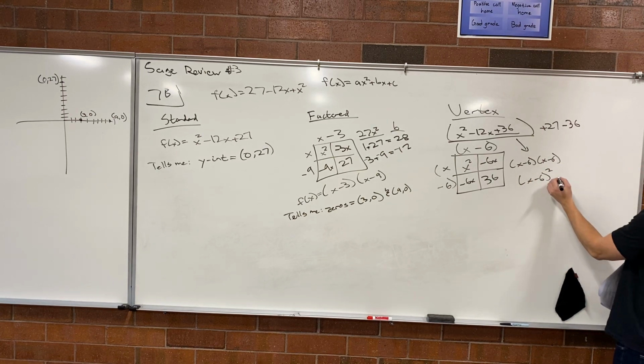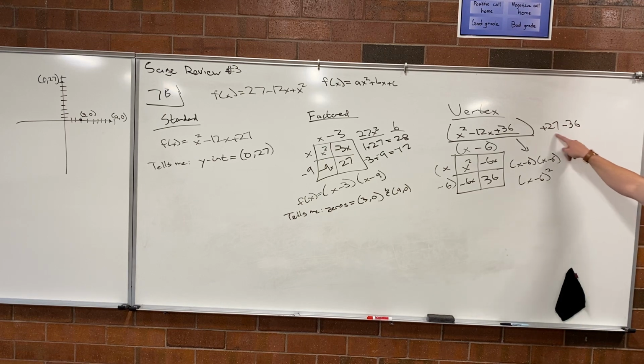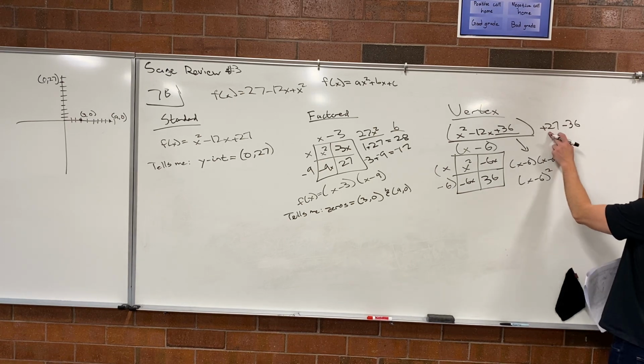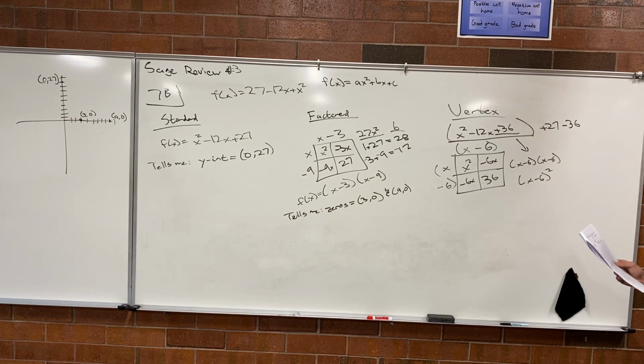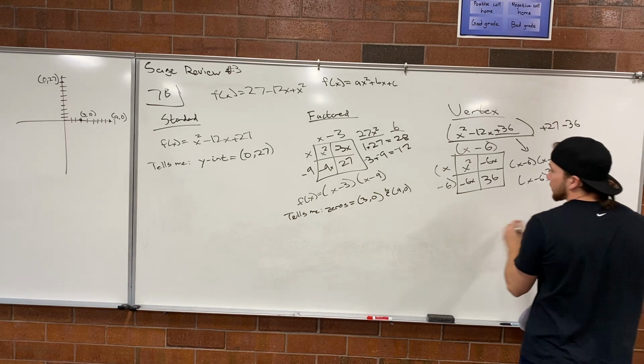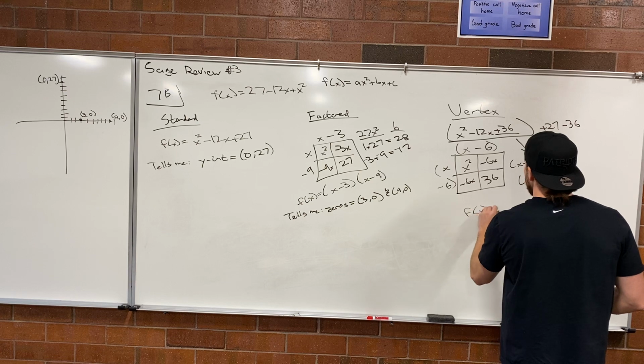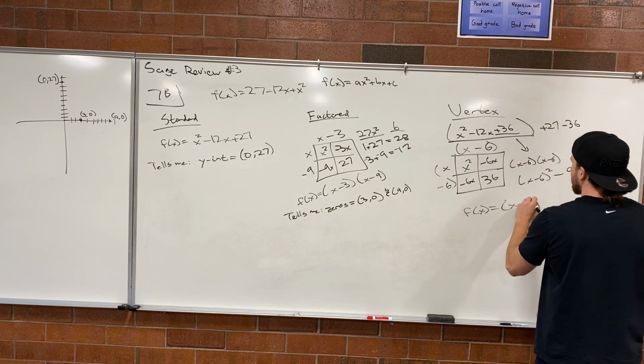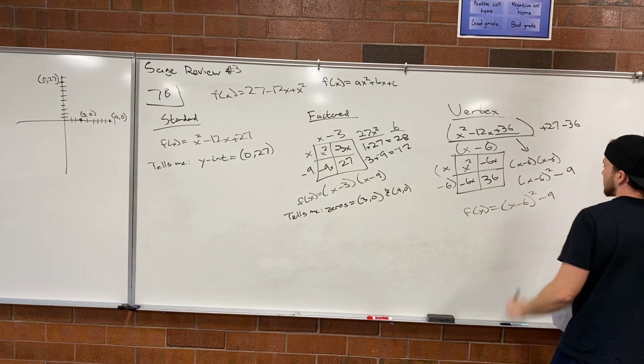So it's x minus 6 squared, and then we need to just simplify what's going on here, and we're going to eventually have our factored form equation, okay? So 27 minus 36, I believe, is going to be negative 9, so minus 9, okay? So this is our factored form. F of x equals x minus 6 squared minus 9.